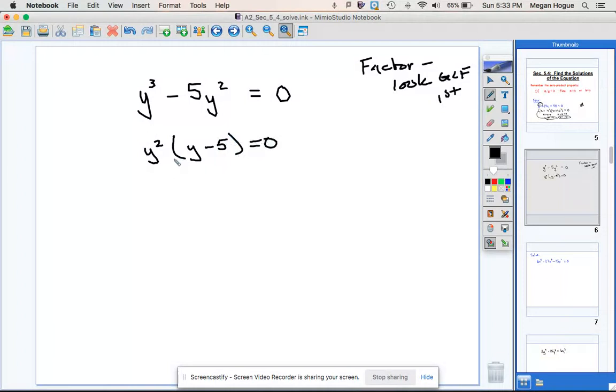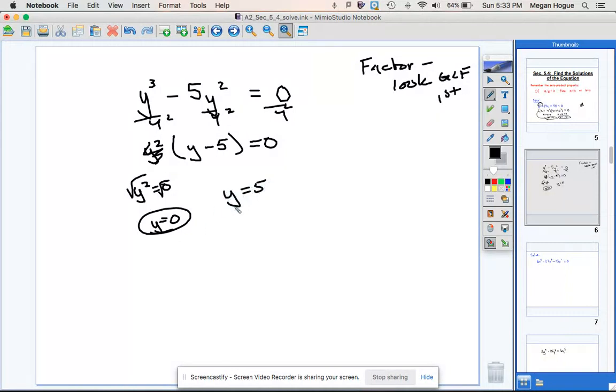When I pull that out in front, this is going to give me an answer because y squared is equal to 0. Technically, I'd square root both sides. You don't have to show that. But y is equal to 0. If I just divided and I just said, oh, I'm going to divide everywhere by y or by y squared, and I just said, oh, that just means y minus 5 equals 0, I would just say y is equal to 5.